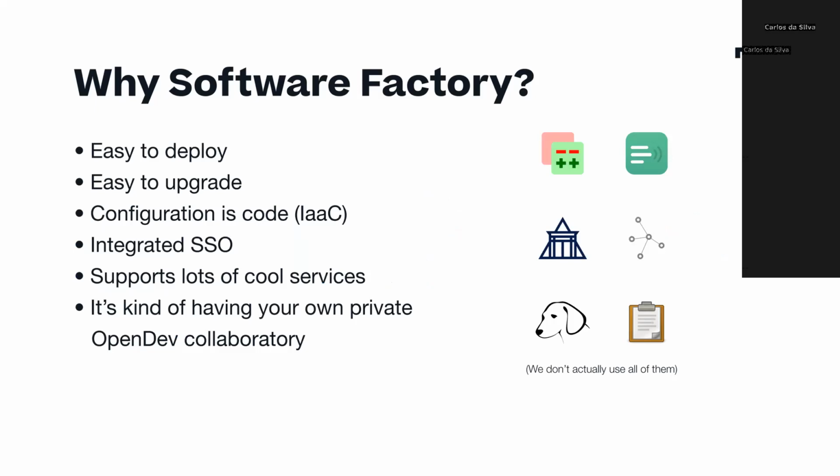You can also have a Gerrit server, an Etherpad, or Hound, which is a code search program that searches Git repositories in Gerrit, which is really useful. There are other services as well, like Grafana, which we don't actually use, but it has an array of services, and you can choose which ones you want. You don't need to deploy Gerrit if you don't want to.